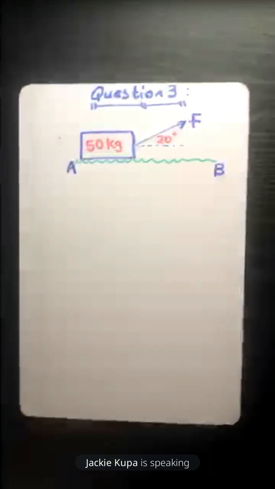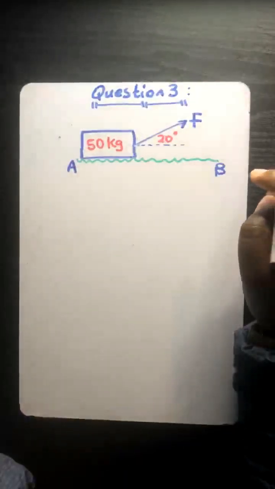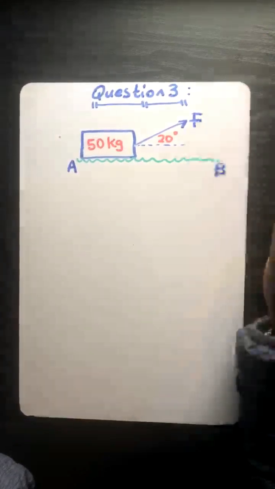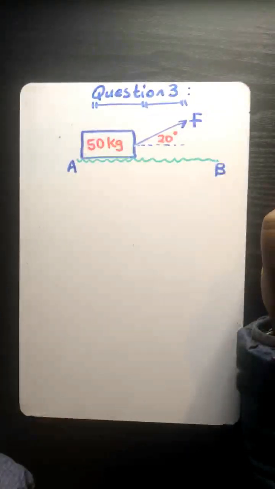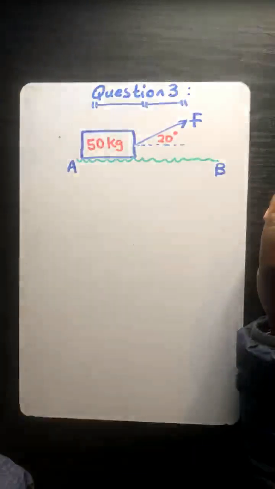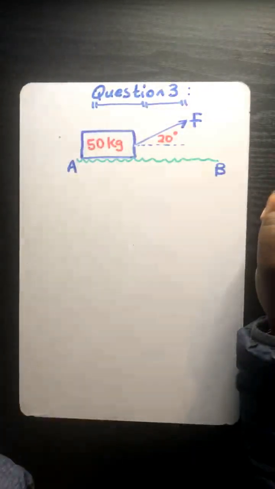Okay. I was about to read the statement, which says: a constant force, capital F, pulls a 50 kg block at a constant speed over a rough horizontal surface.